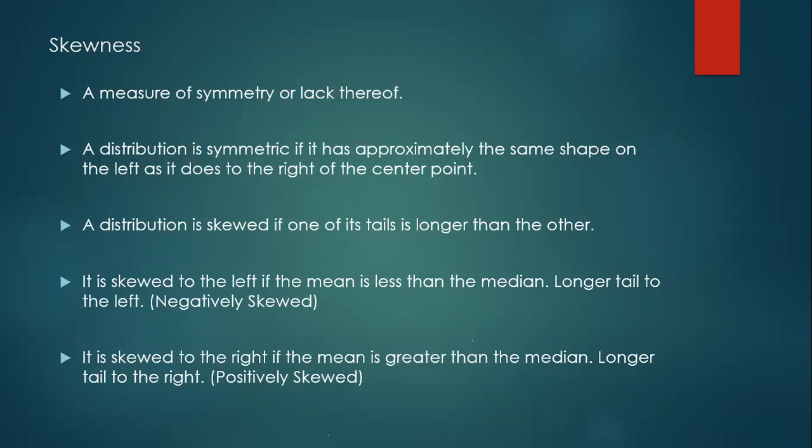In both cases, we have outliers. So if it's negatively skewed, we have a negative outlier. And if it is positively skewed, we have a positive outlier.